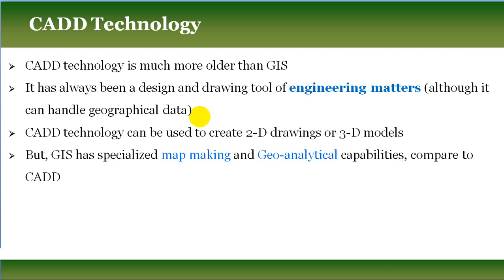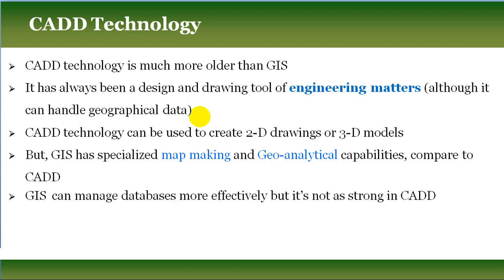Although it still handles geographical data. GIS can manage databases more effectively than CAD technology. So in GIS we can prepare databases much more efficiently, which is not possible in CAD technology.